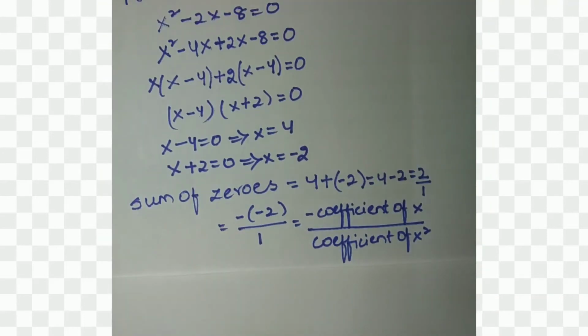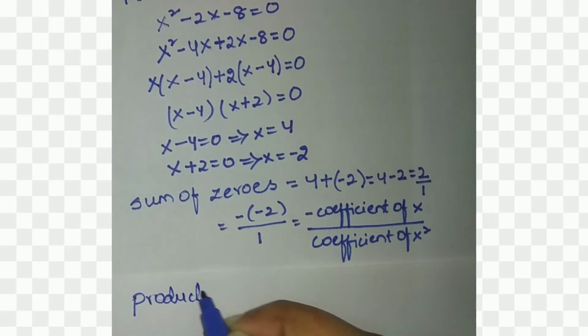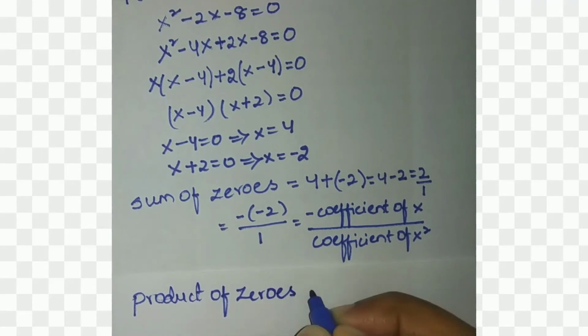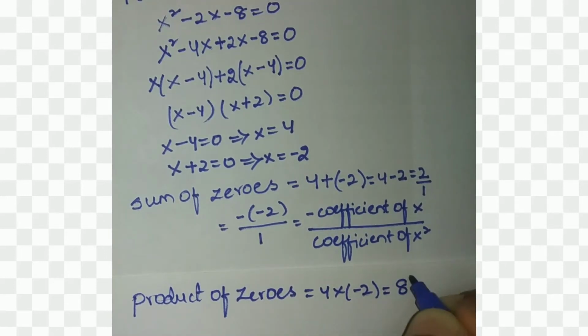Now we need to find the product of zeros. Product of zeros, which is equal to 4 into minus 2, which is equal to 8, right? Sorry, minus 8.